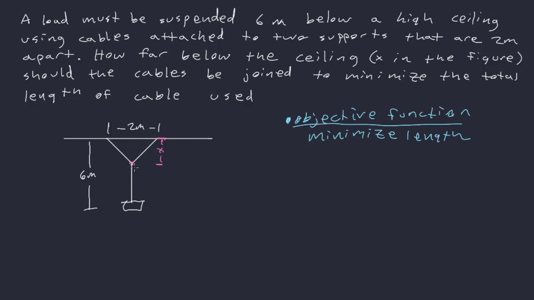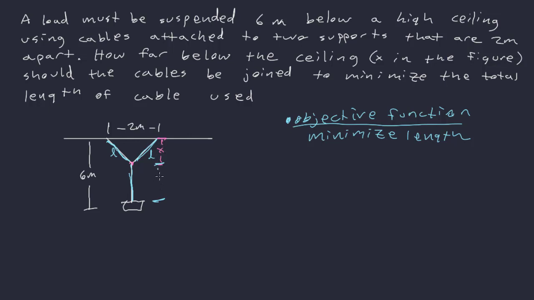All right, and the length is going to be the amount of cable that we have here, plus the amount of cable we have here and here. Now these two should be the same length. We're not assuming that we're using more on this side than that side, so we'll call this L and this L. And then this length right here is what's left over once we decide what X is.